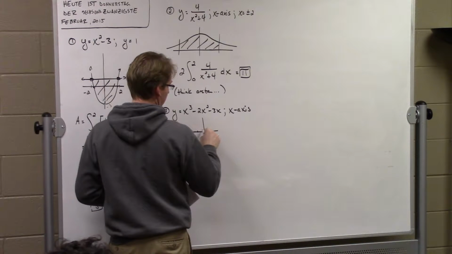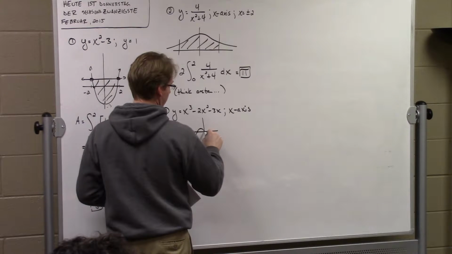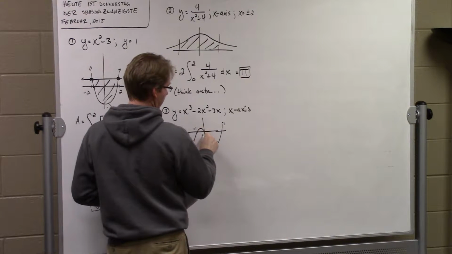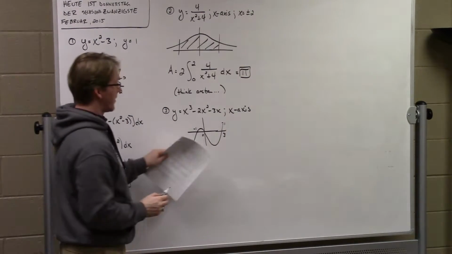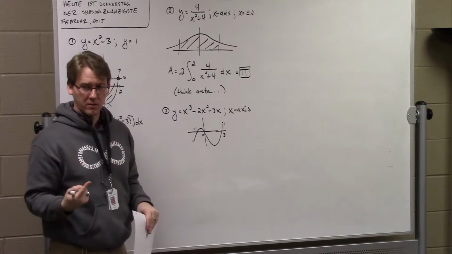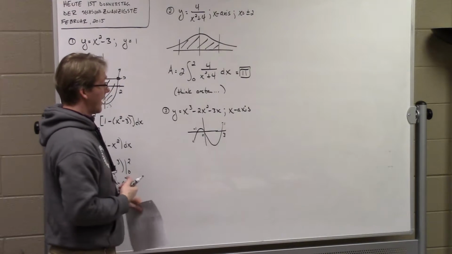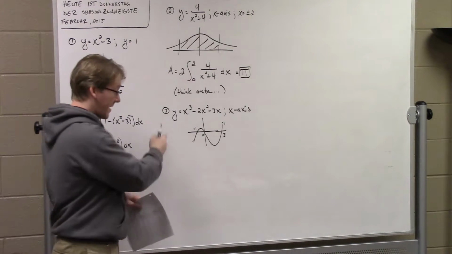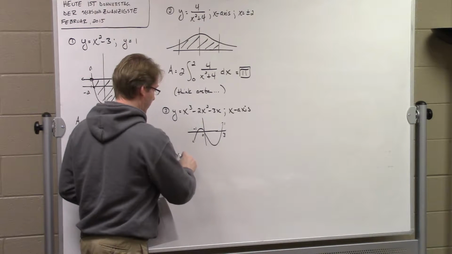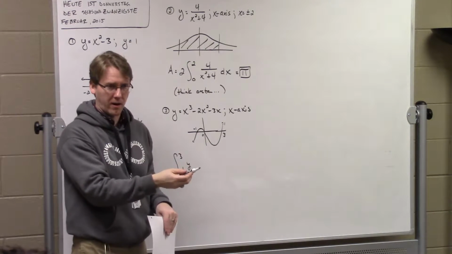There's a little chunk right here, and then a bigger chunk right there. This is -1, that is 0, and that is 3. You can find that from your calculator, or you can set this equal to 0 and factor it and get those 3 numbers. Now, some of you went ahead and from here just took the antiderivative from -1 to 3 of y. I'm not going to type it out, but all that.